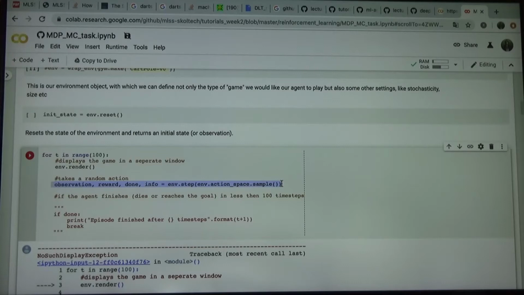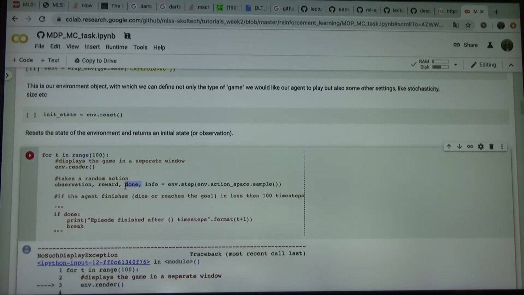This is exactly what I meant when I said black box, because it allows us to pass some action to an agent in the environment and receive the state which our agent got into when it made this particular action, and the reward it got. Then there is the done flag, which shows if our agent has died or, say, won the game, that is, if the game has been terminated in one of the states.